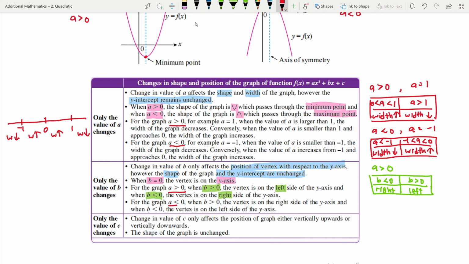For the graph a is less than 0, when b is greater than 0, the vertex is on the right side of the y-axis. And when b is less than 0, the vertex is on the left side of the y-axis.